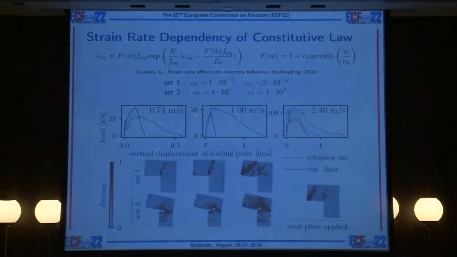You can also comment on the smoothness of the numerical response, which is mainly caused by the fact that in the numerical simulations we can keep the loading rate constant for the whole loading, which is nearly impossible in the experiment.